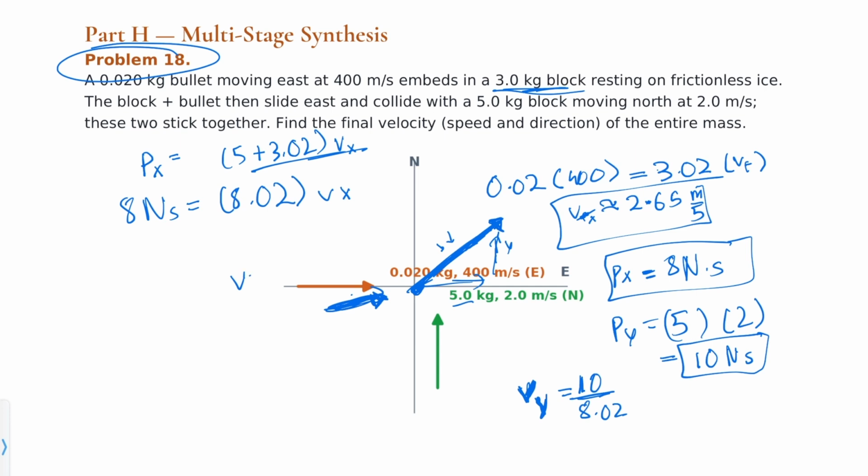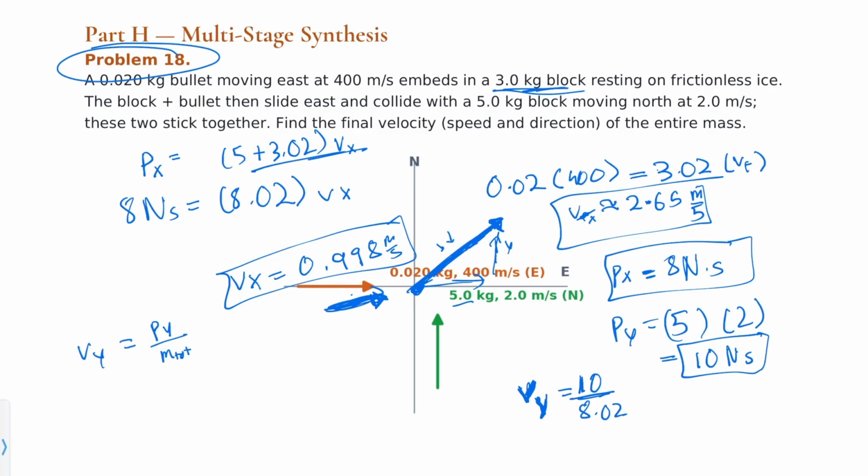So velocity x here is about 8 divided by 8.02, or 0.997. Let's just round it to 1 meter per second.